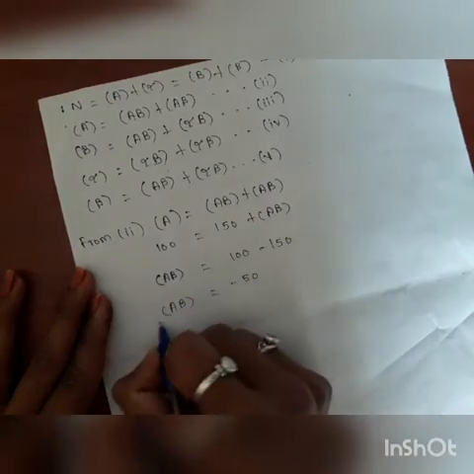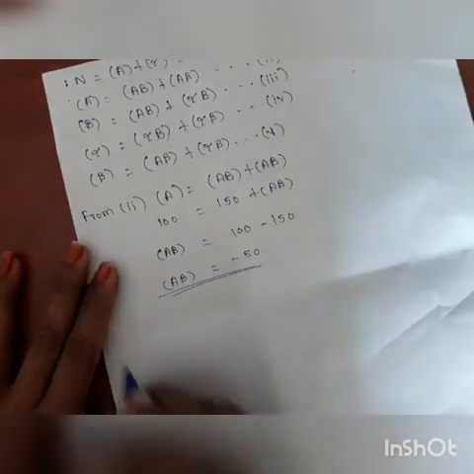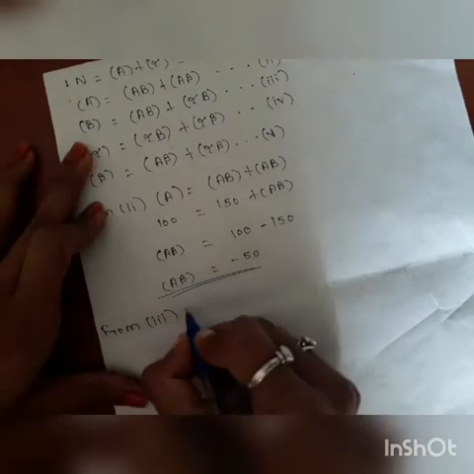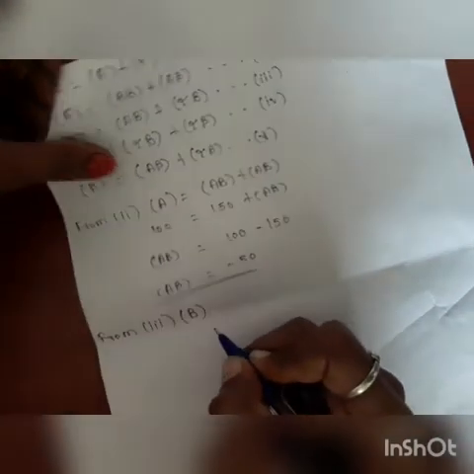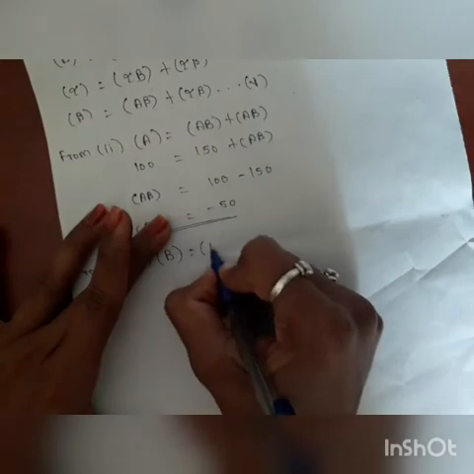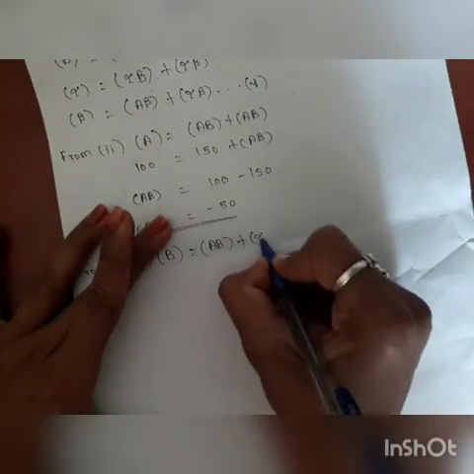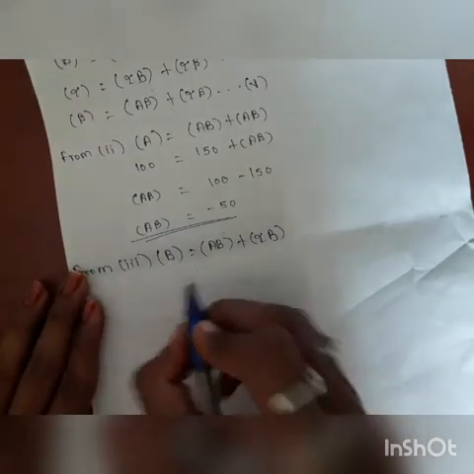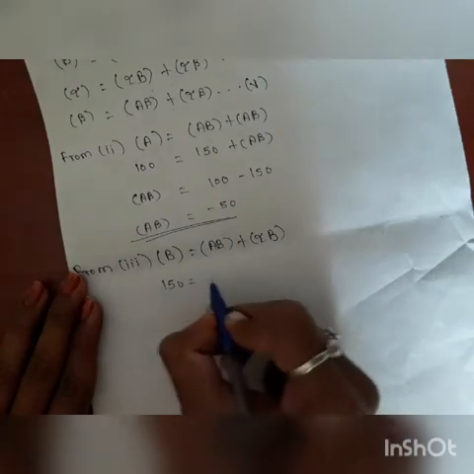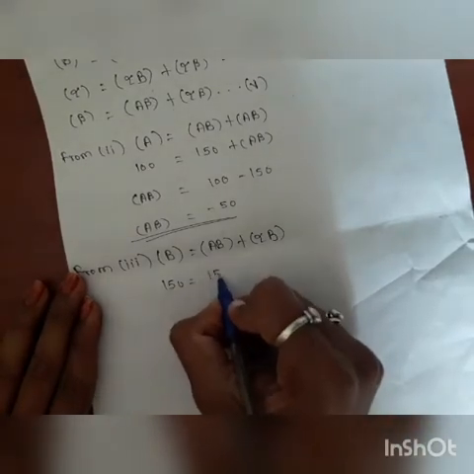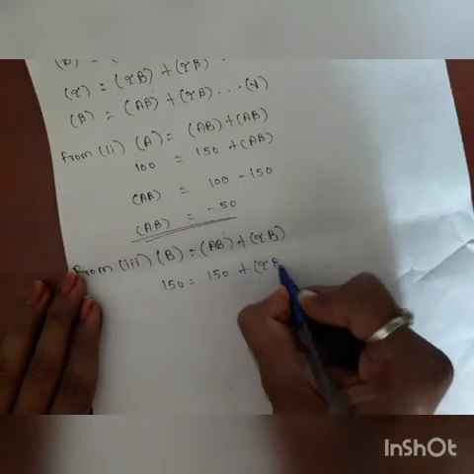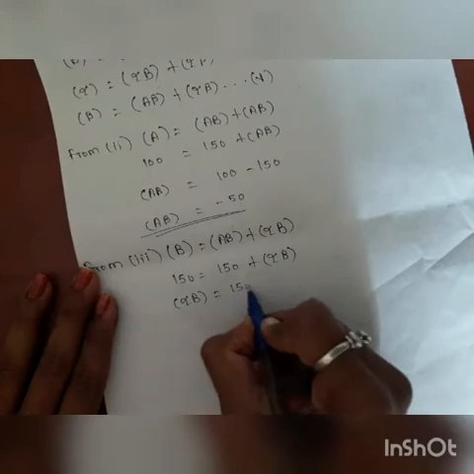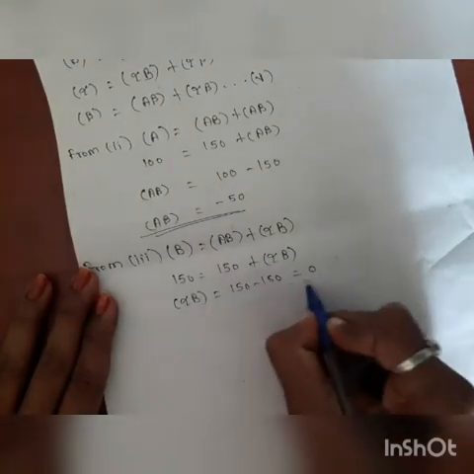(Aβ) is minus 50. Then from equation 3, (B) is equal to (AB) plus (αB). From the given data, (B) is 150, which is equal to 150 plus (αB). Then (αB) is equal to 150 minus 150, which is equal to 0.